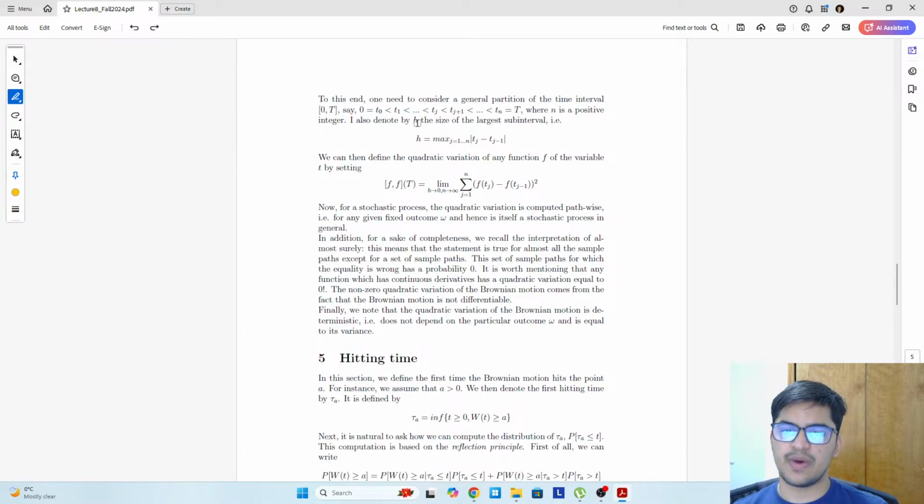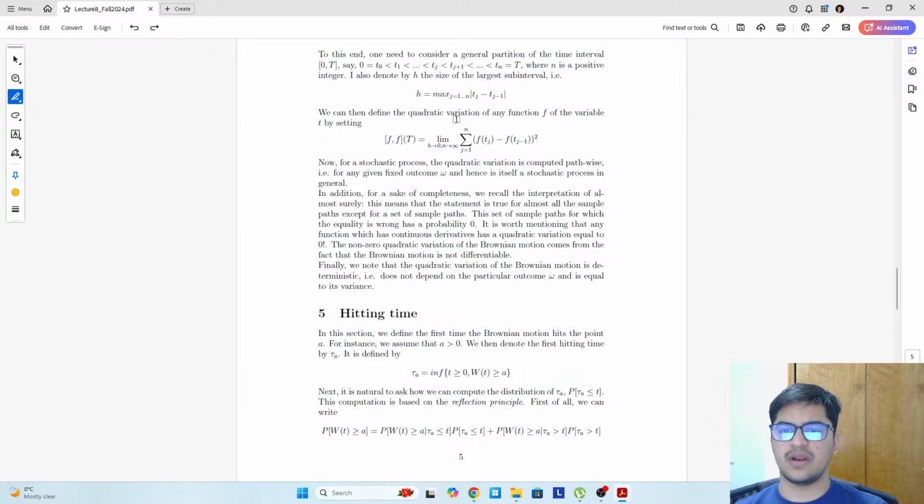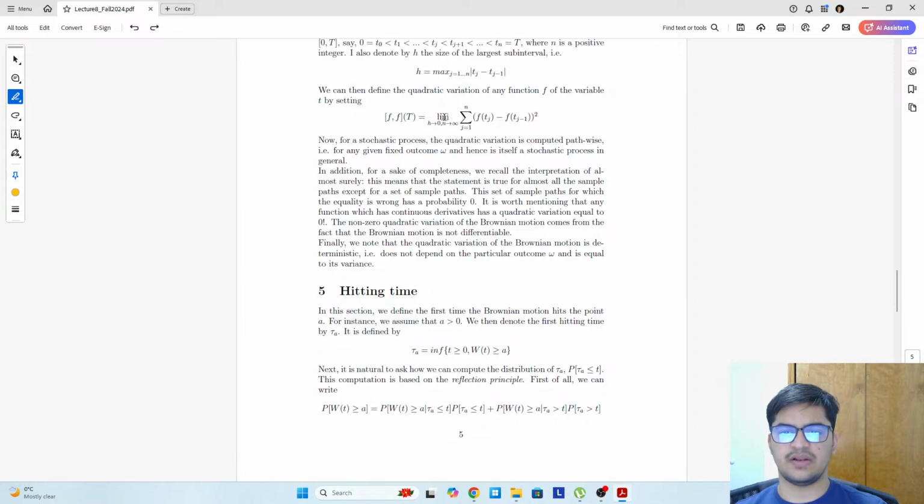I also denote by h the size of the largest subinterval. So between all these intervals, the largest value of differences of two values is h.